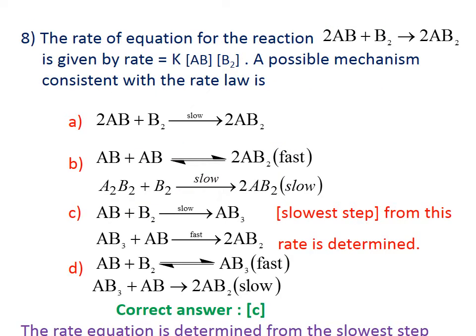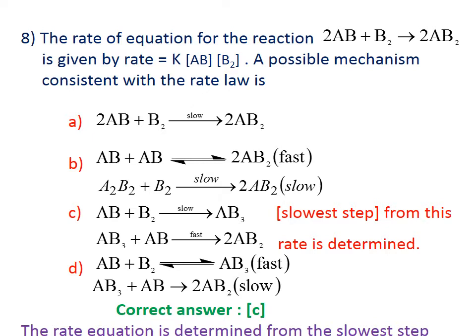Question number 8. The rate equation for the reaction 2A plus B2 gives 2AB2 is rate equal to K into concentration of AB into concentration of B square. A possible mechanism consistent with the rate law is? Let us consider a reaction that takes place in more than one step. Here the rate is determined by the slowest step, which is very important.